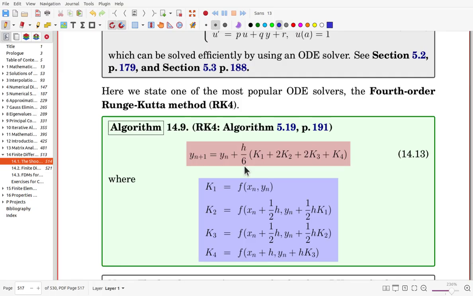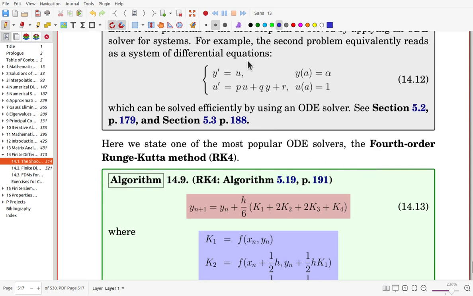So in a sense, the right side is the average slope representing this portion, and the average slope times h is used to update and get the value at the next point.